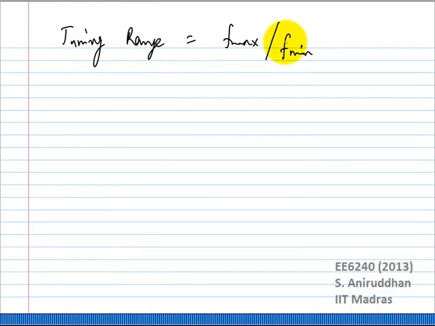Why do we want to maximize this tuning range? It can be used in a super receiver, to down convert the signal to different features.